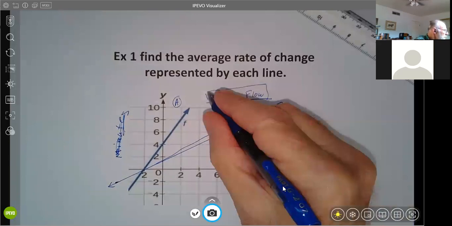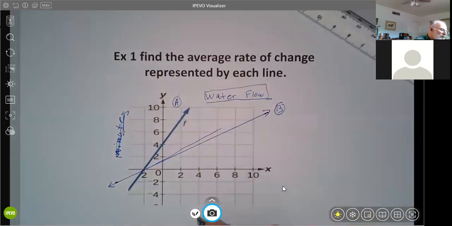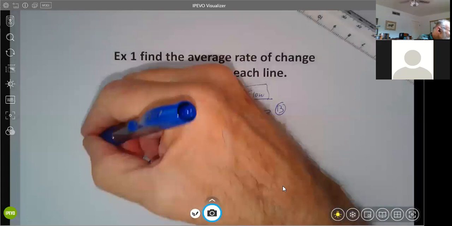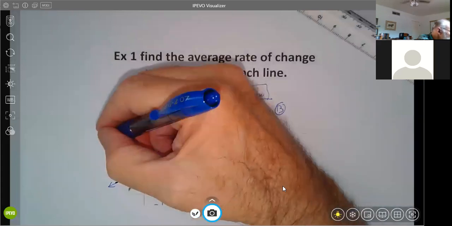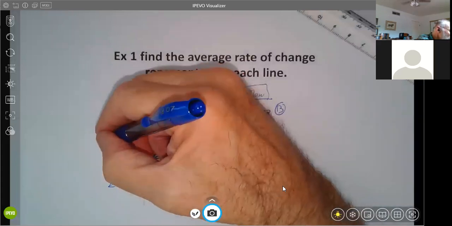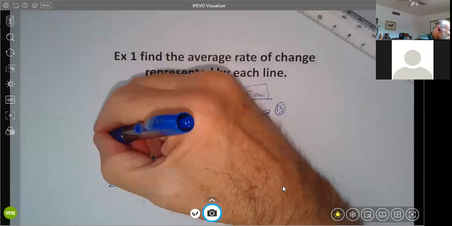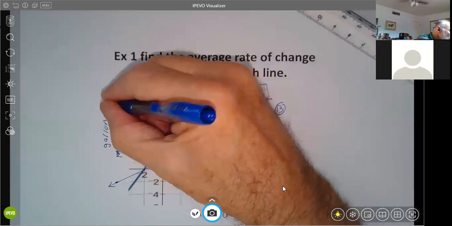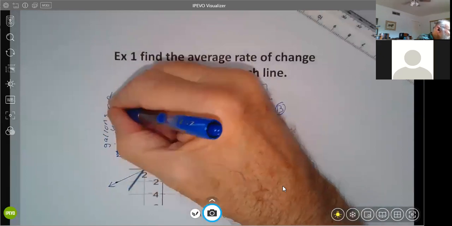And so they're going to show you time in minutes as your x. Time in minutes. This is your x. And then over here, this is going to be gallons. Gallons of water. So this is y.